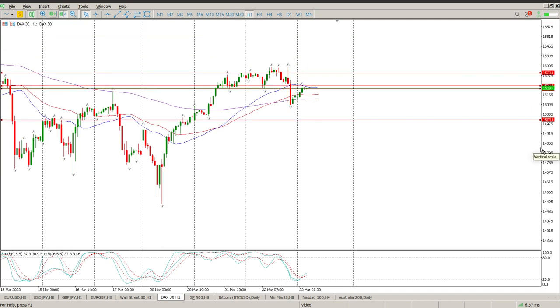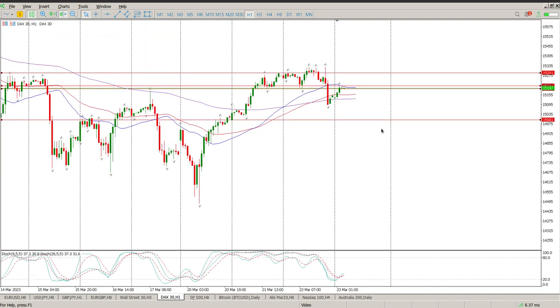I'm not entirely convinced of either one at the moment, so this zone here needs to be rejected properly for us to move down, for a second move down to this level here at 1500. 1500 is a round number, so it does make sense that that would be tested again.